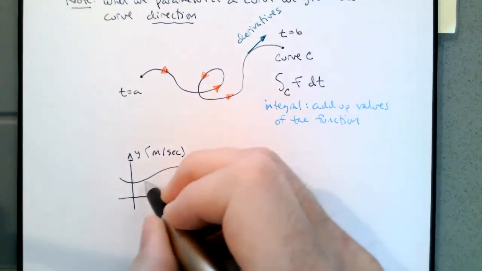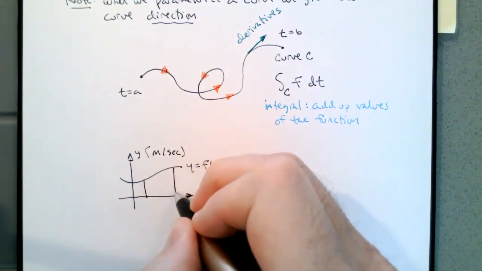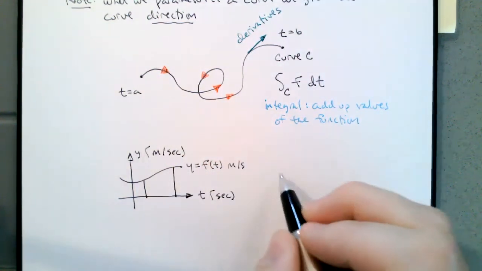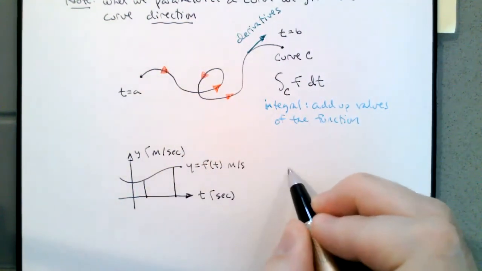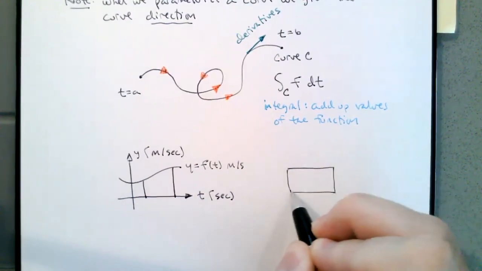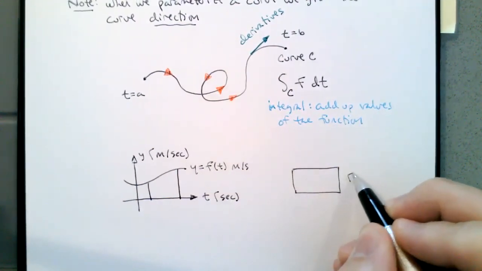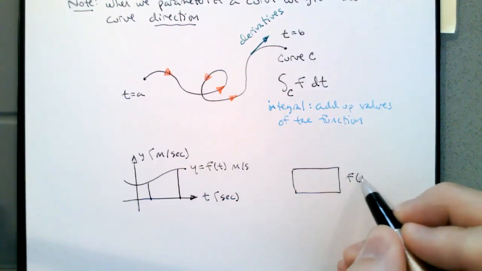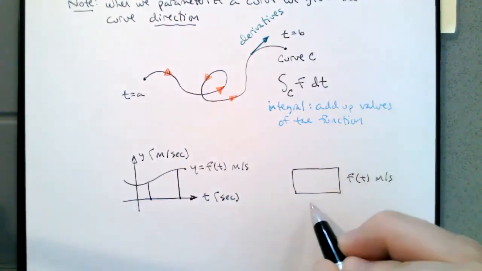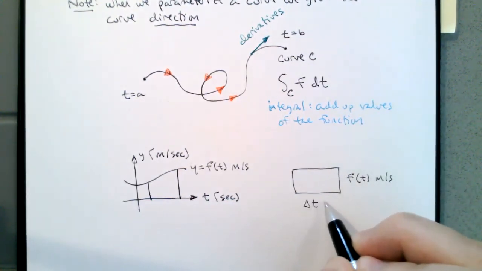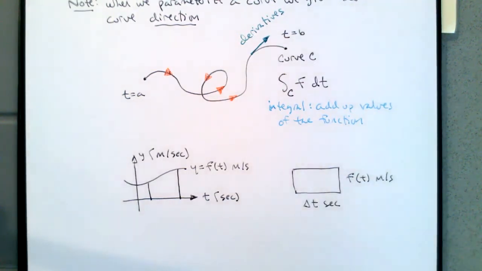And so our area is in meters per second times seconds.